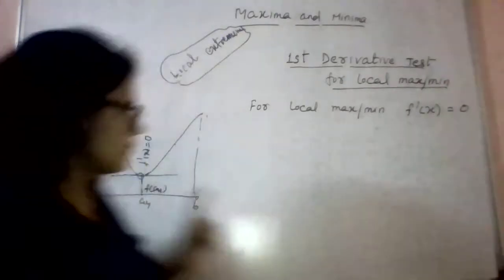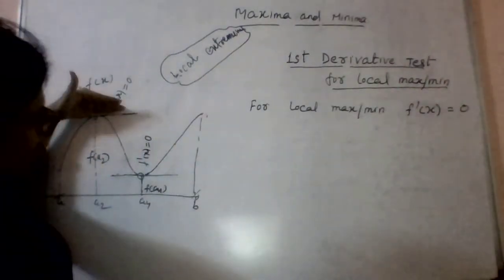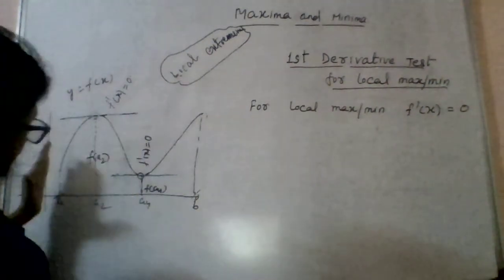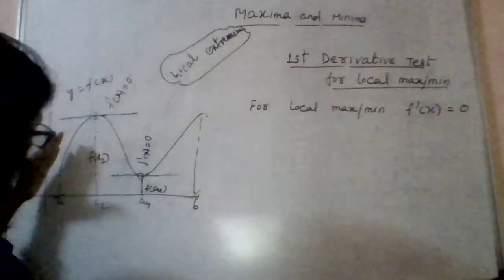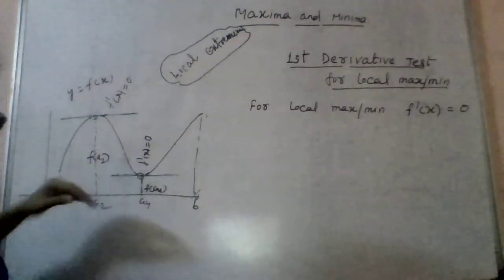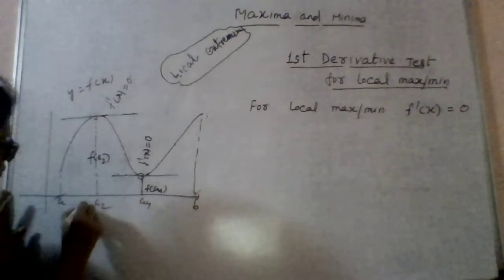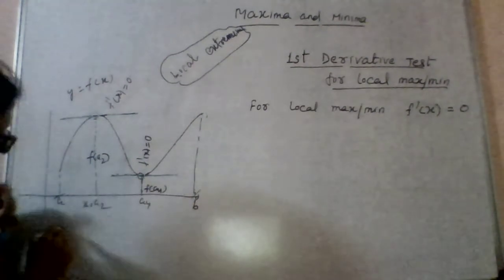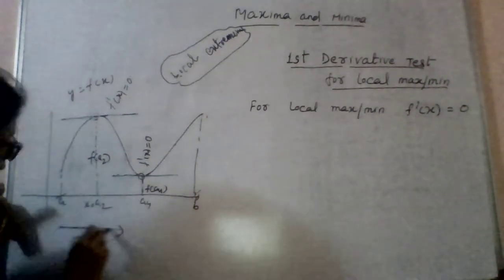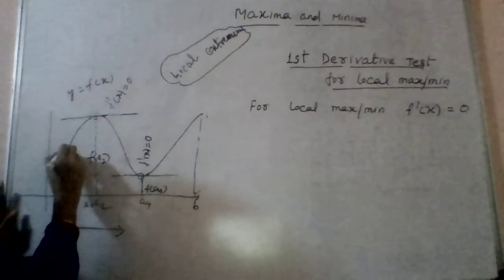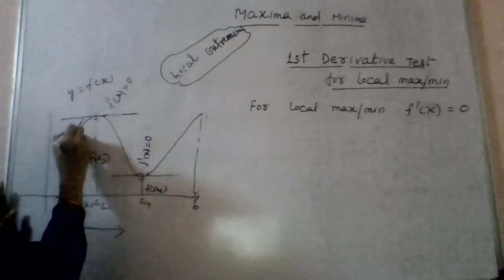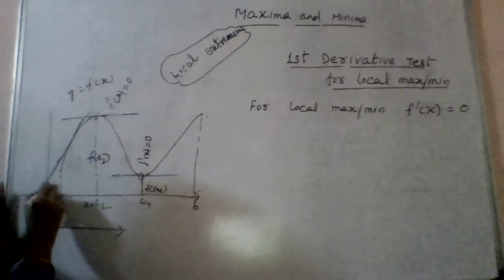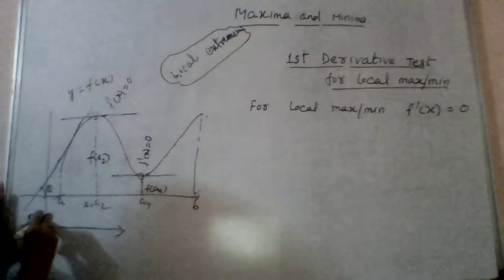You can observe here, even if the first derivative is 0 here and here also, the difference is that in case of local maximum, you are going up like this, then coming down like this. If I take this as x equal to a2, as you are moving from left to right, and I take any point to the left of the point of local maximum, the tangent makes an angle less than 90 degrees.